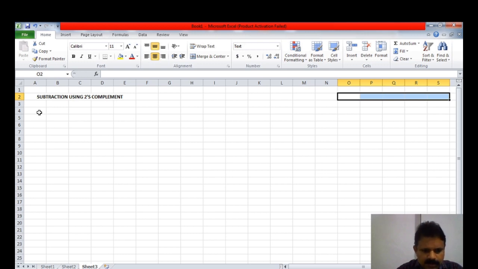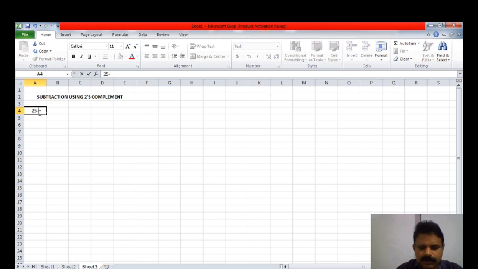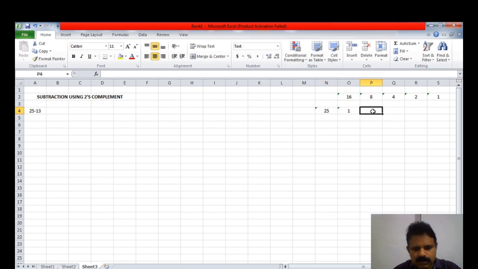We will take two numbers, 25 and 13. We want to perform 25 minus 13. What is the pattern for 25? Pattern for 25 is 16 plus 8, 24, plus 1 is 25.